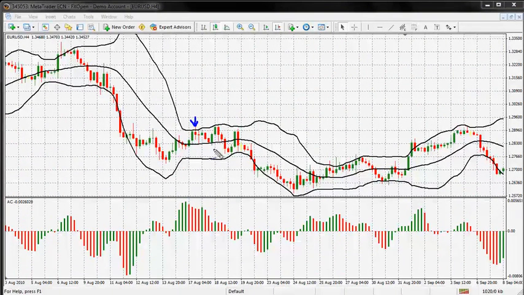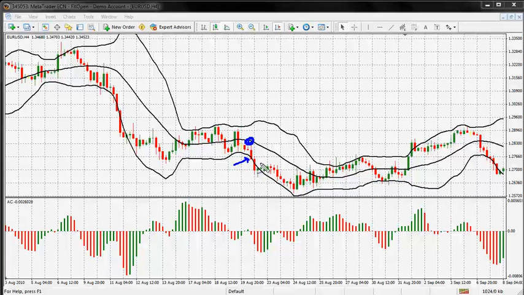Well no, because the close didn't close below the lower band, where you see the bands started to go sideways for a bit and then it starts to break out. Alright, you will see that this particular candle right here did indeed close below that black line. So, and then the rest of the trend was established, and that was your alert.